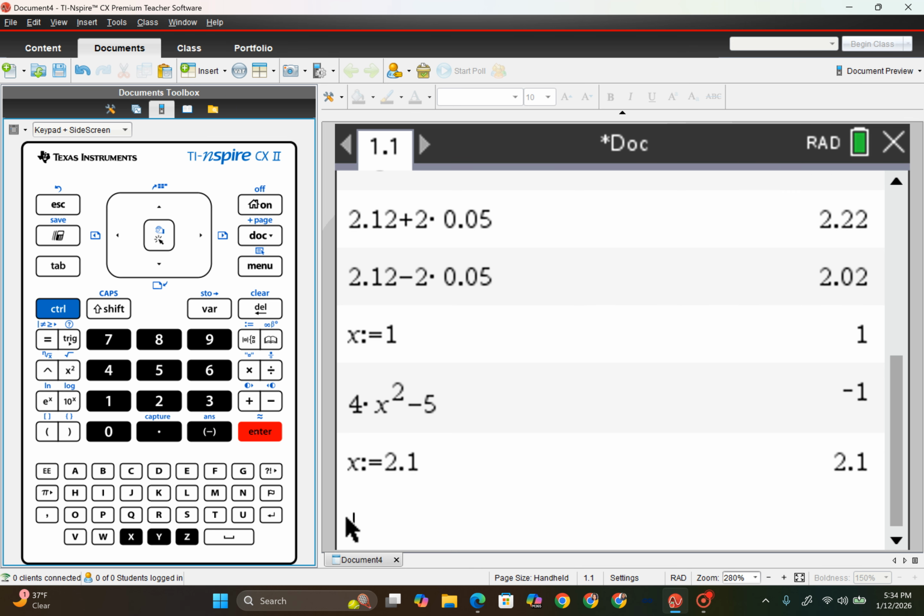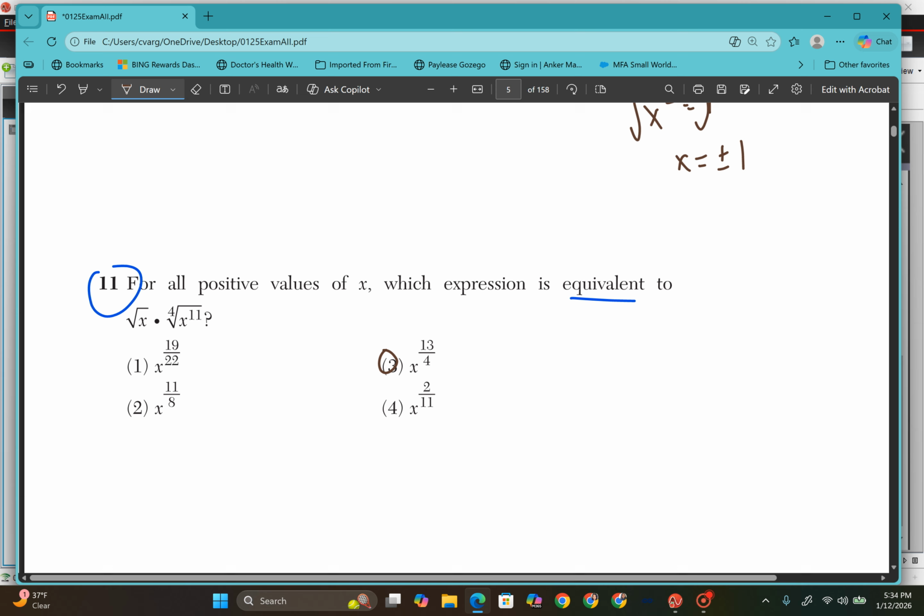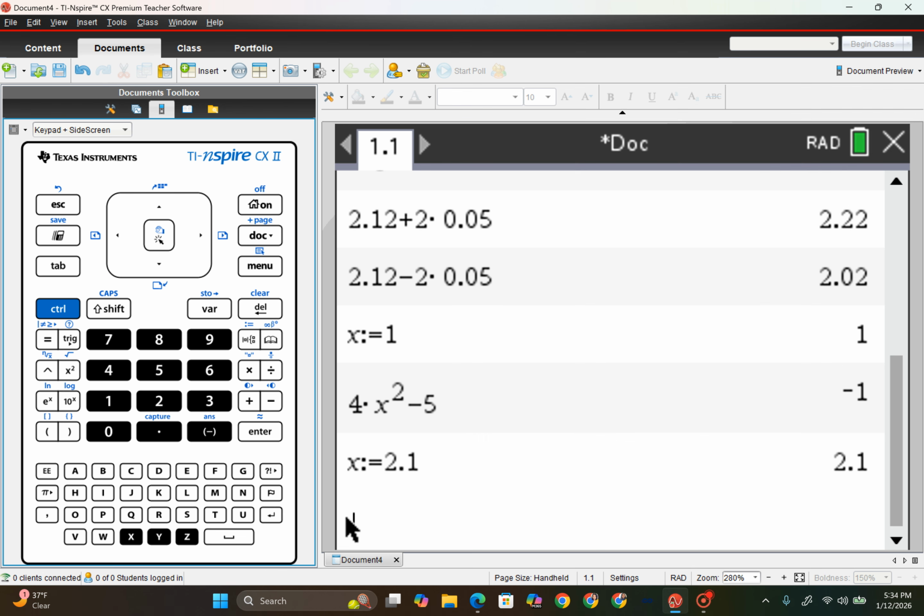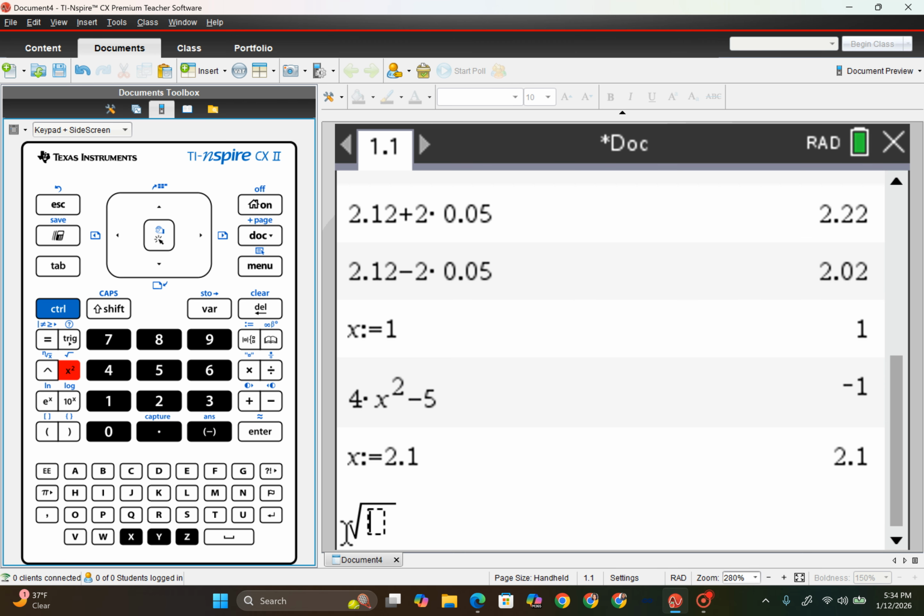Okay. So now I'm going to plug in the function. So I have square root of x. Oh, the x didn't go there. X. And then times. Make sure the times is outside of the radical. And then now I'm doing the 4th root of x to the 11th. So how do I get the 4th root?